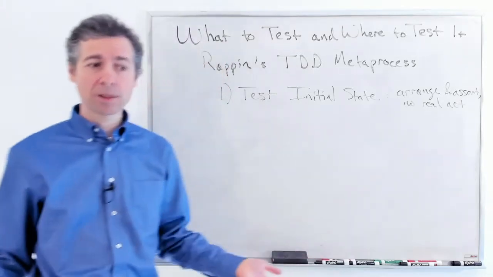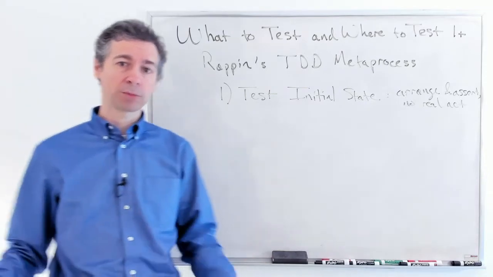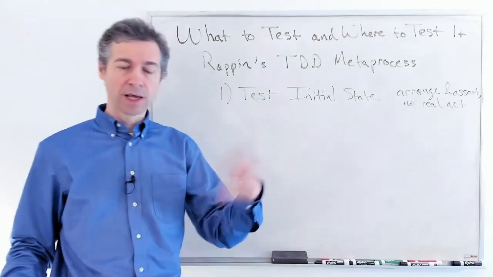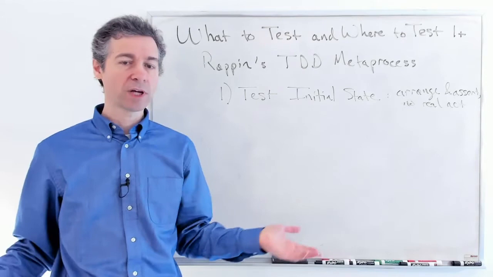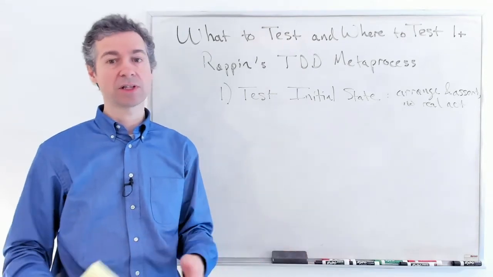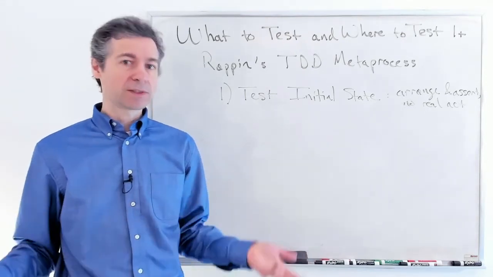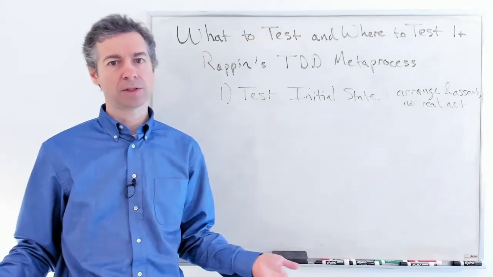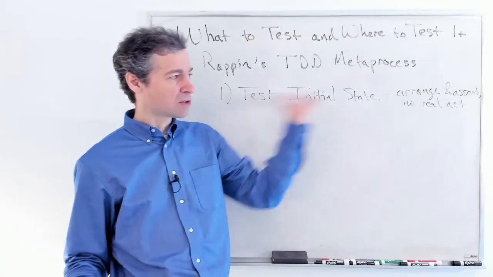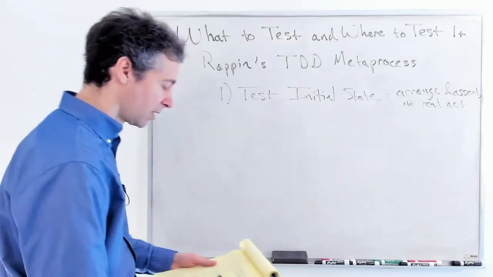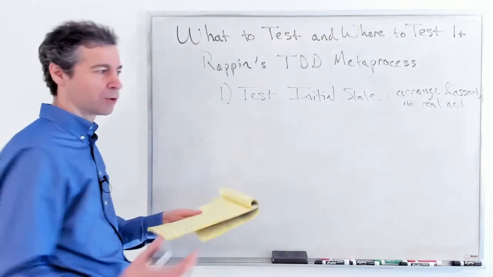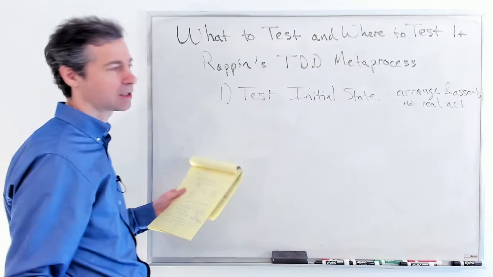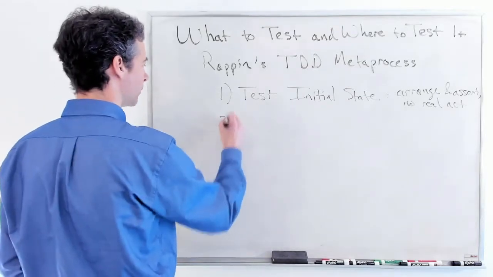Now, when I make an object, it should have the following properties to it that I can see and test, which actually makes a lot of sense. It's just like, when I set up my object, does it get set up the way I expect it to be set up? And so that's where he starts his test-driven development there. And that's like a platform. If that's wrong, how are any of the other tests going to work correctly for you?